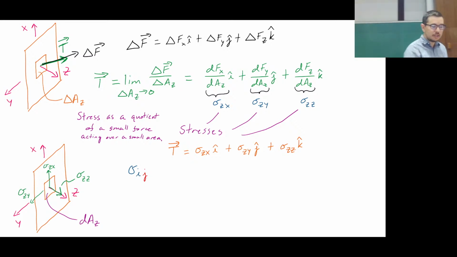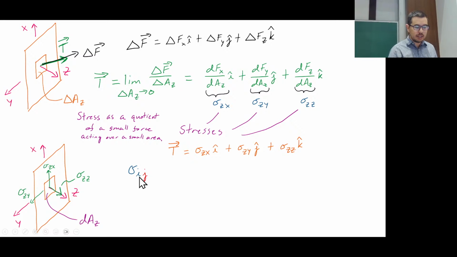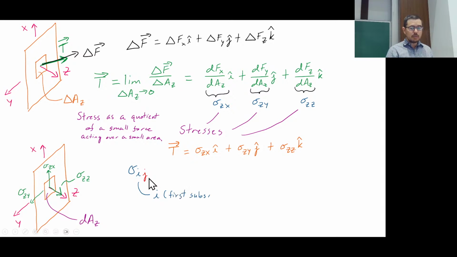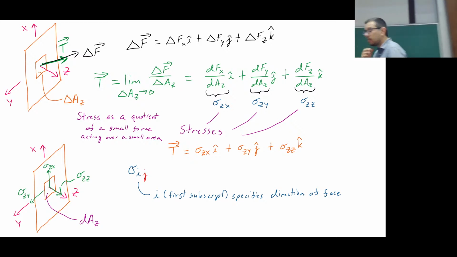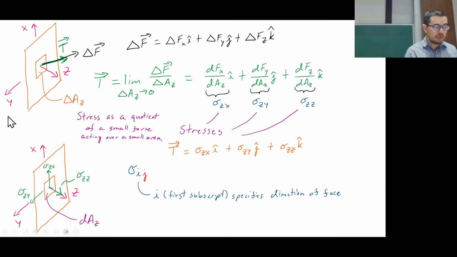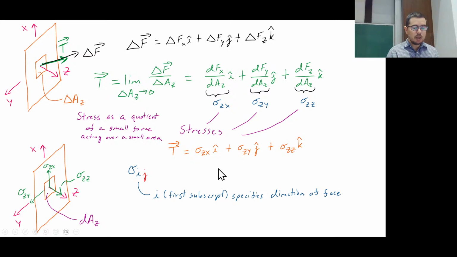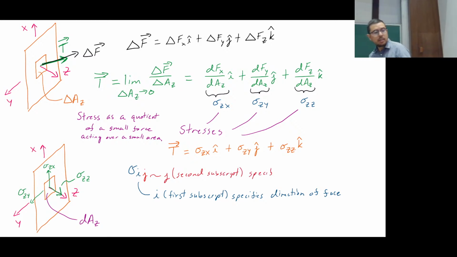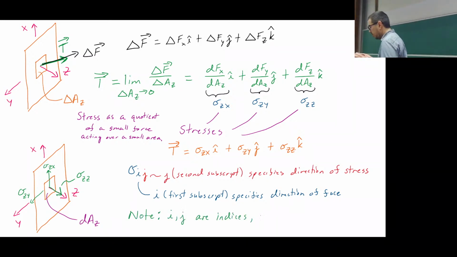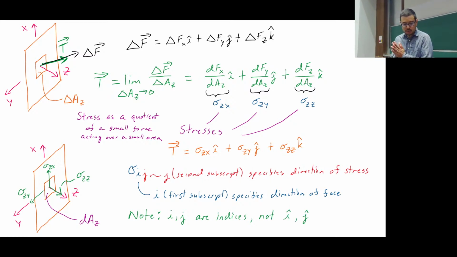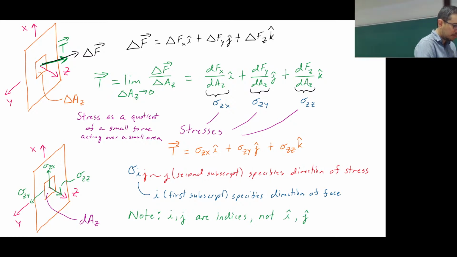The first subscript is what we use to specify the direction of the face. So which face is this? This is the z face, so all these are z faces. The second subscript specifies the direction of the stress. And as I said before, these i and j are not the i hat, j hat.